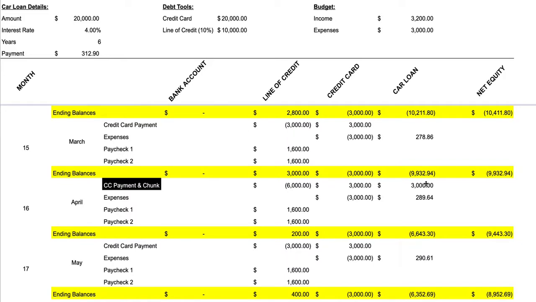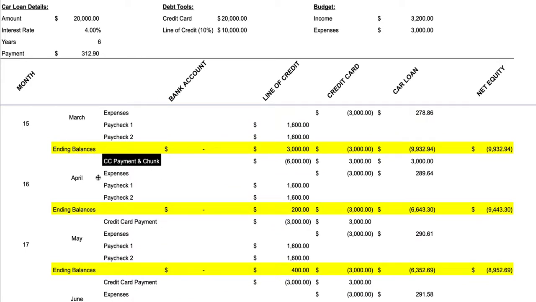And then as you pay that back, if you can see the car loan principal, the principal amount of the payment went from $278 to $289, and that's because more money is going towards the principal of the car loan now.